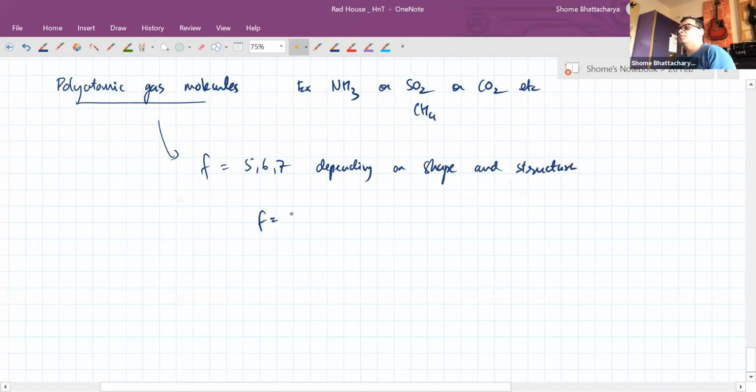Because obviously F will be 3 for translation, but can be 2 or 3 for rotation. Okay. 2 in the case of a linear molecule.